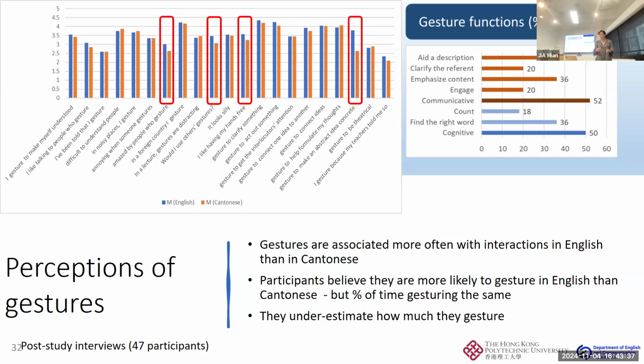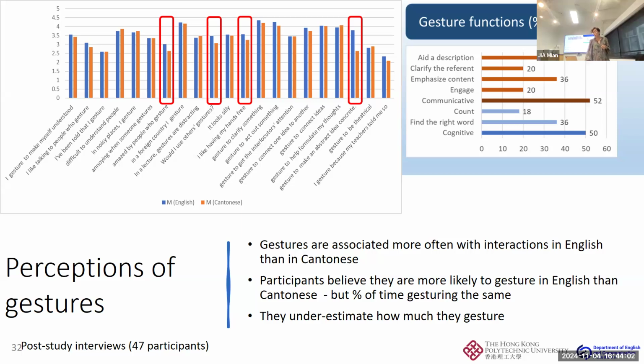Communicative, they were talking about engaging with the interlocutor, emphasizing content, clarifying a referent, and aiding a description. These were unprompted. They told us about these things when we asked the open question: who do you gesture for? Do you gesture for yourself or do you do it for me, the interlocutor?